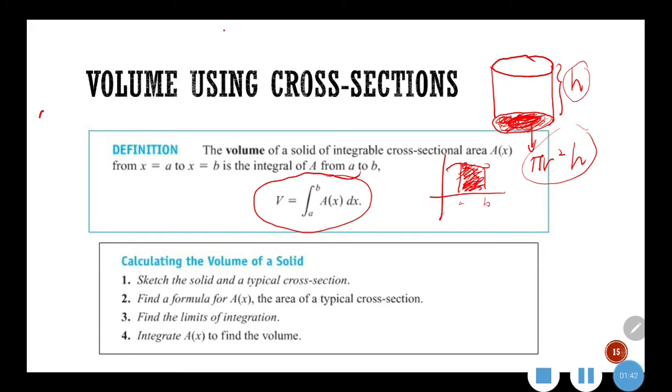But now we upgrade: we have area multiplied with dx, which becomes the height of the surface that you want to integrate to get its volume.